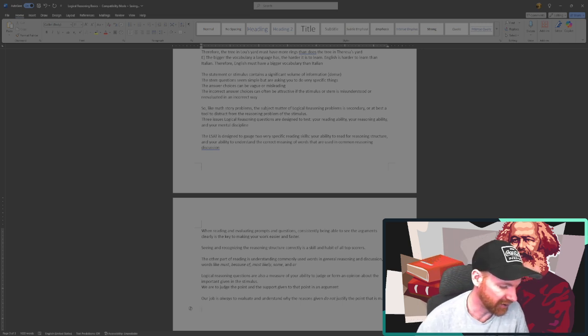For every one of these questions, your understanding of why the support doesn't justify the conclusion will be your primary gauge for evaluating right and wrong answers. Logical reasoning problems do not ever require you to differentiate between valid and invalid reasoning within arguments. Instead, they test your ability to see in a very specific way why arguments are not valid. If you are good at this, you will be good at solving logical reasoning problems.